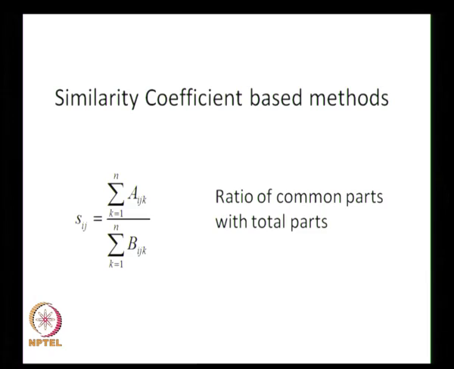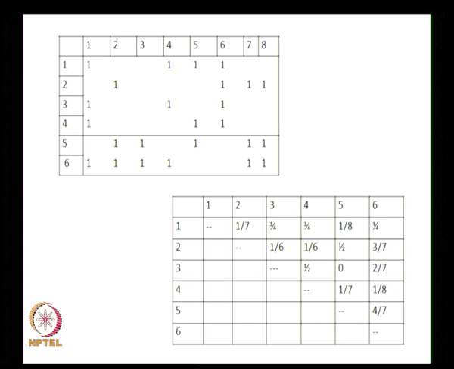There are several ways of defining the similarity coefficient. So we are going to see one way of defining a similarity coefficient. Now let us look at this matrix and let us try and compute some similarity coefficients.